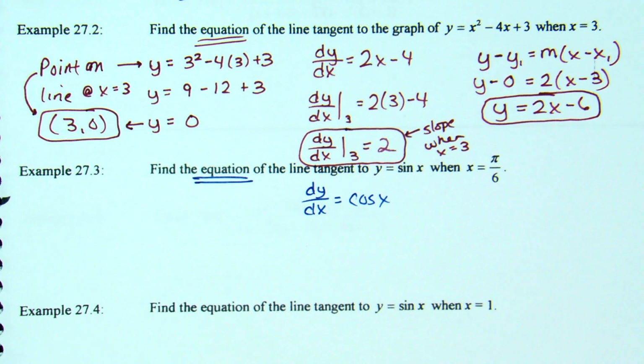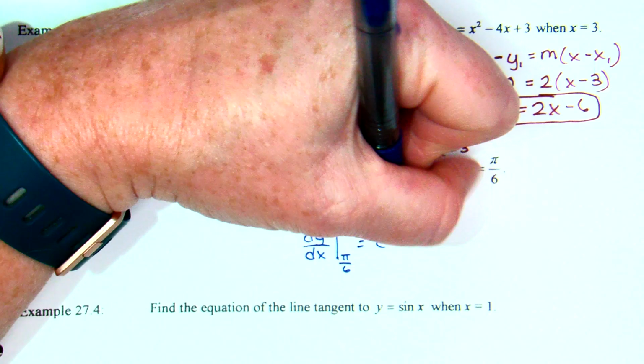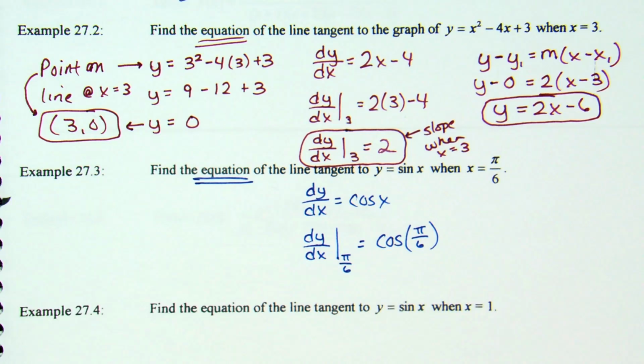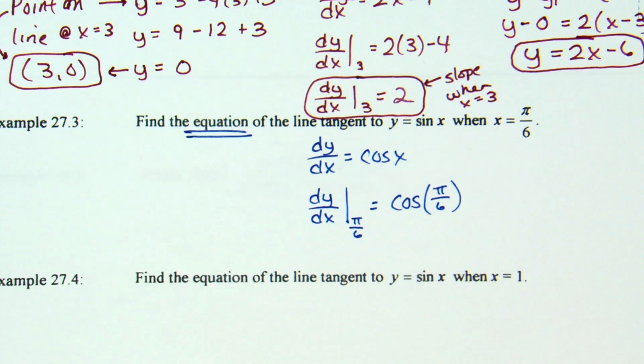Okay, once you have the derivative, plug that x value in. So we're doing dy dx evaluated at pi over 6, which means we're finding cosine of pi over 6. Before anyone says it out loud, everyone got it in their brains?